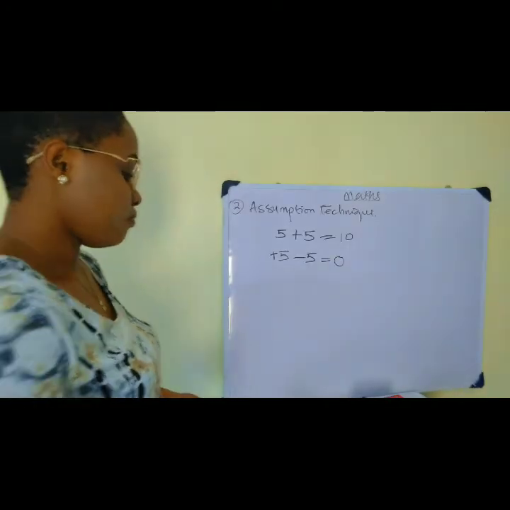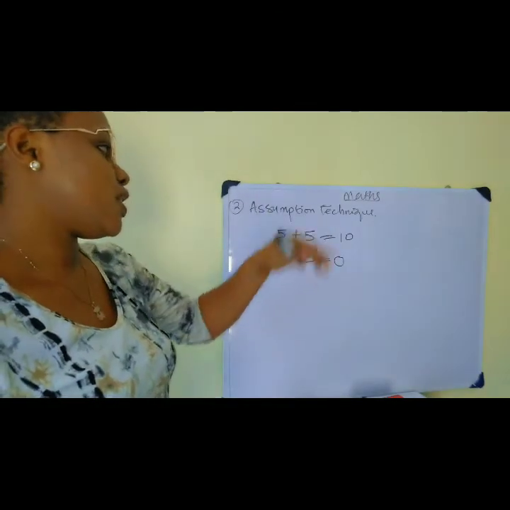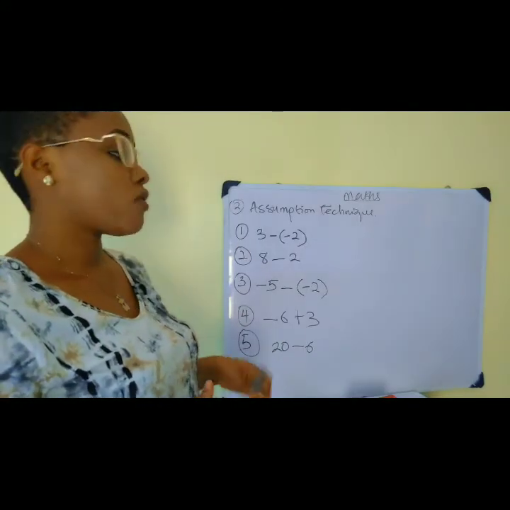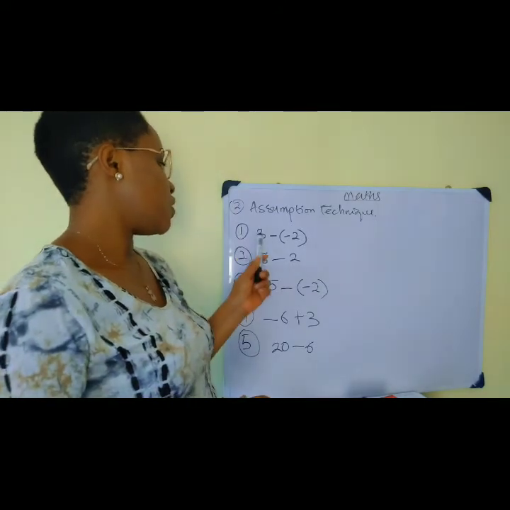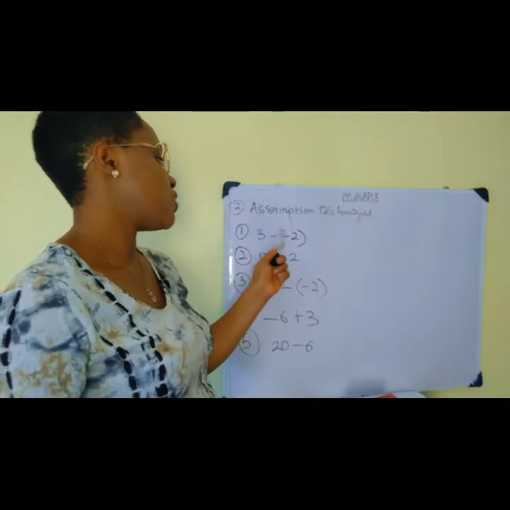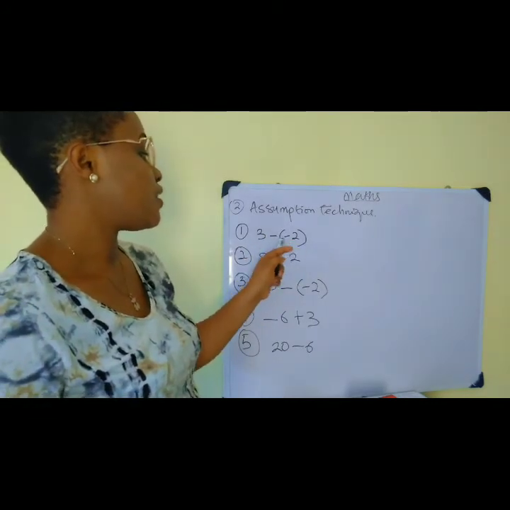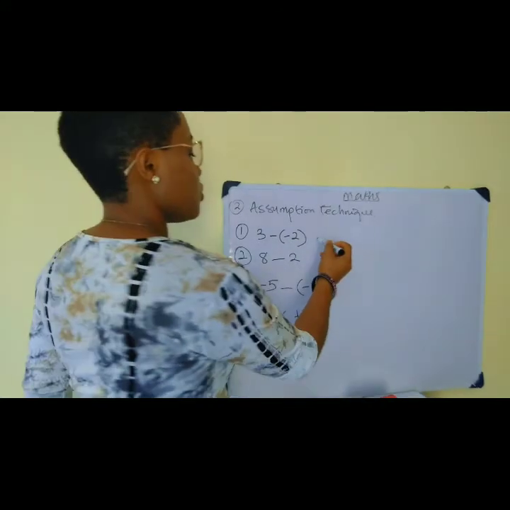Now, let's go ahead and solve some questions using the assumption technique. So let's say you have some questions like this. The first question is positive 3 minus negative 2. Now I told you if you have a question like this, the first thing to do is you neutralize the sign by multiplying the signs together.